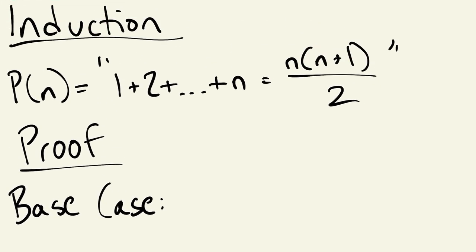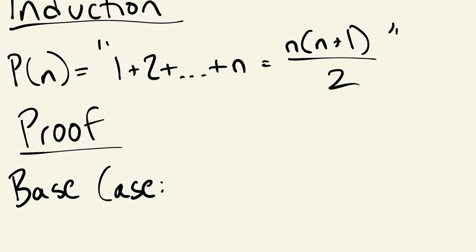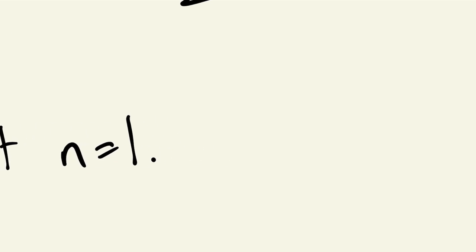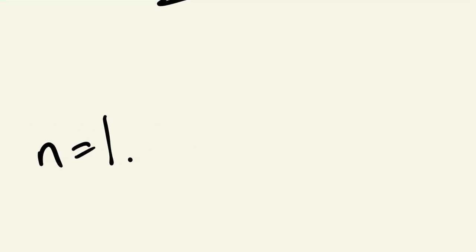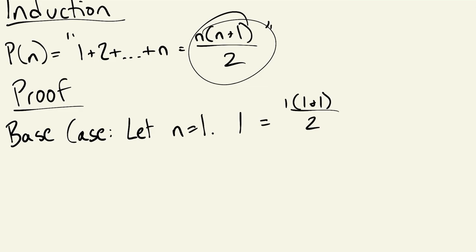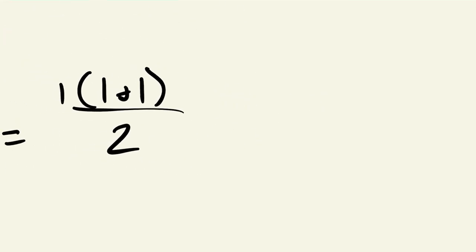So we can look back at our statement and let's say let n equals 1. So we're considering the sum of the first 1 terms. And of course, that's just going to be 1, and this equals 1 times 1 plus 1 over 2, which is 1 plugged in to this up here. And then we get that it is equal to 1.